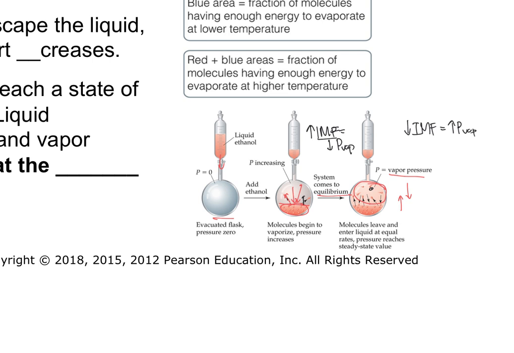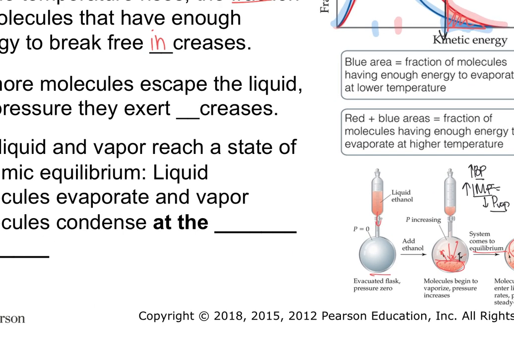When I have strong IMFs, I have a high boiling point or melting point. But that also does mean that it's hard for those molecules to boil, so I'm not going to have a lot of vapor. Same thing here. If I have low intermolecular forces, I have a low boiling point. It's really easy for the molecules to evaporate, and so I'm going to have a higher vapor pressure.